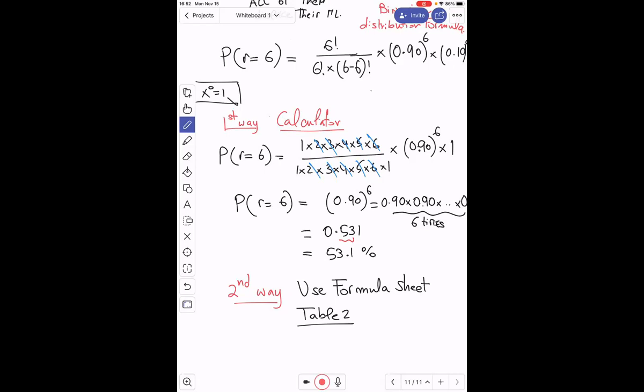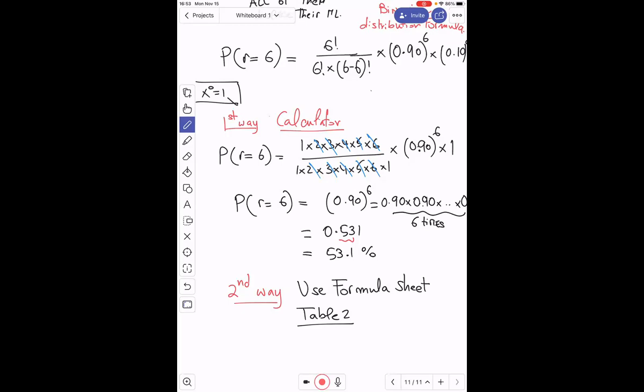For some reason I don't see it. Okay, I can probably share my screen. So that was a formula sheet. Okay, not this one. This is the view sheet.